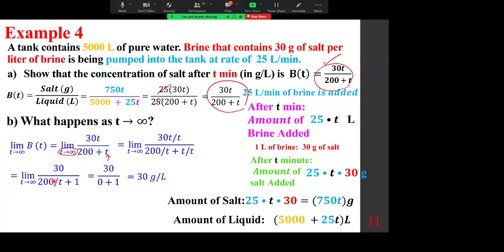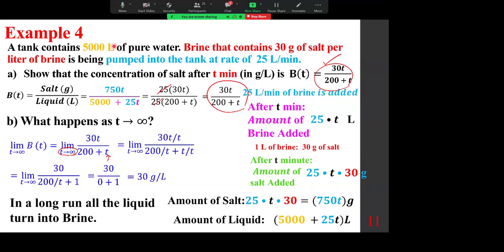Now, what does it mean? How come we get the same amount here? The idea is very simple. You have 5,000 liters of pure water. That's a lot. However, if you add this indefinitely, you add so much that this amount basically becomes nothing.